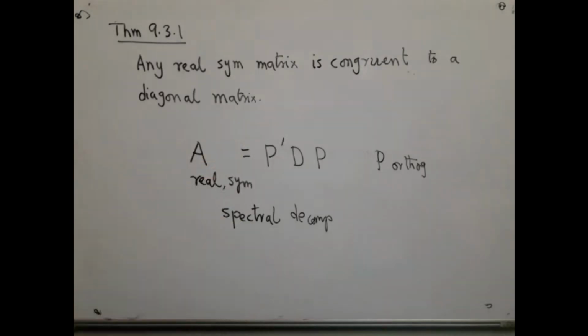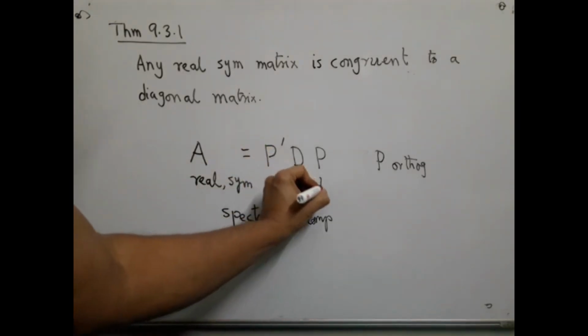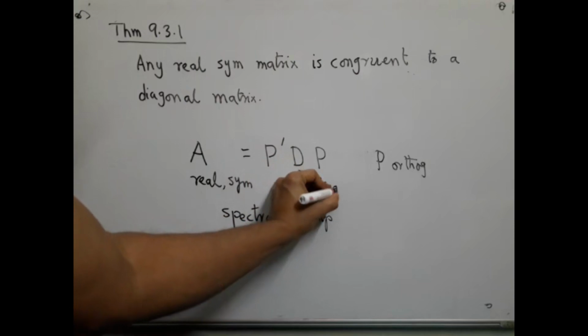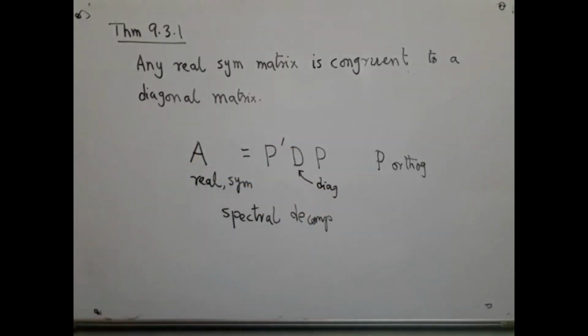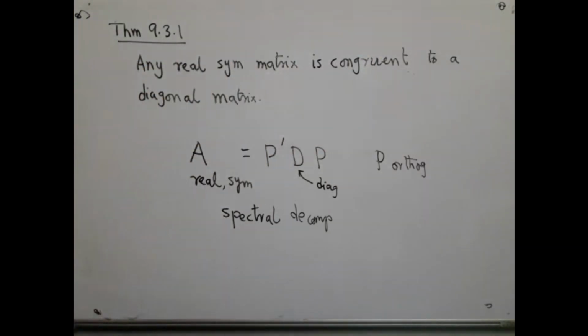So it says that A and D are congruent, and of course the beauty of this lies in the fact that this D is a diagonal matrix. Its diagonal entries are precisely the eigenvalues of A. So, the spectral decomposition theorem immediately says that any real symmetric matrix is congruent to a diagonal matrix.